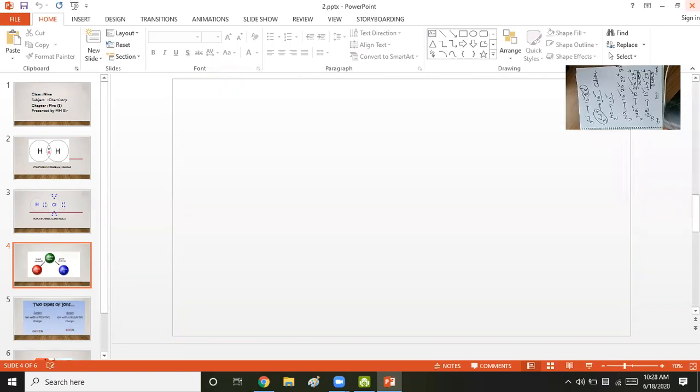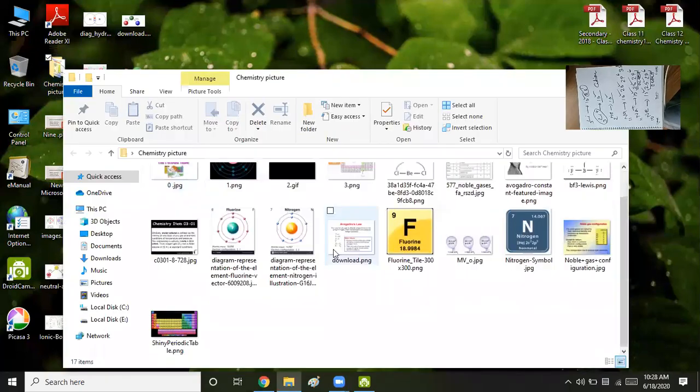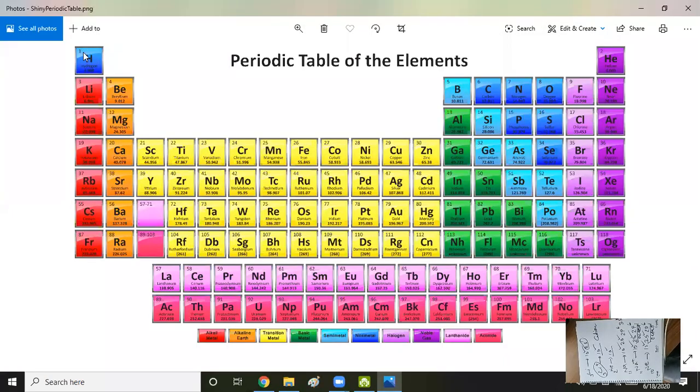You can see that in the periodic table, on the left side only metals are given. Suppose this is group number 1, this is group number 2, this is group number 3.